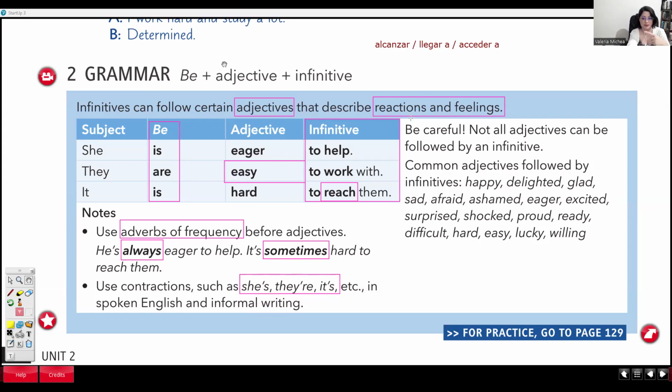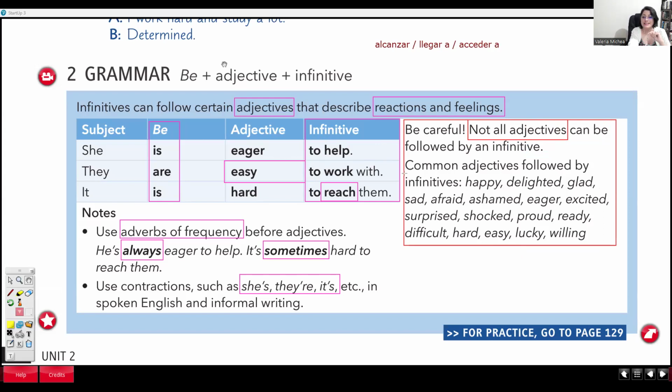And now, this is important. Let me mark it with red so you have the feeling that this is a dangerous zone. Be careful. Not all adjectives can be followed by an infinitive form. Just because I have here adjective and then infinitive, it is not because everything can be followed by an infinitive.